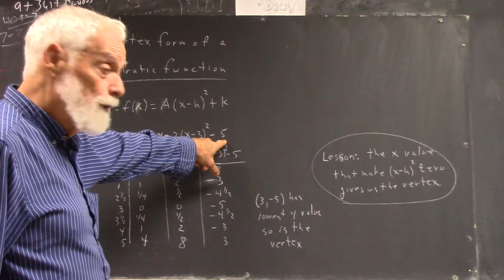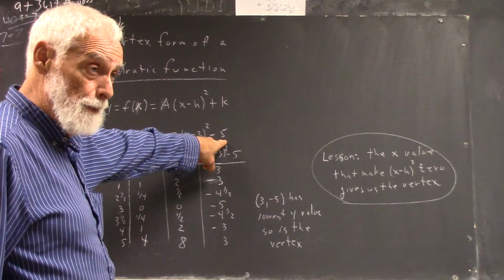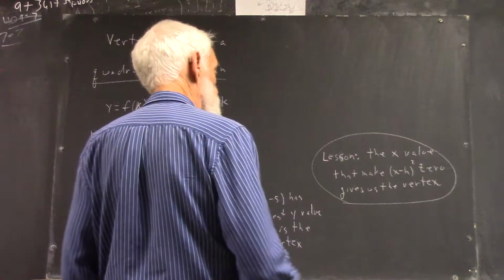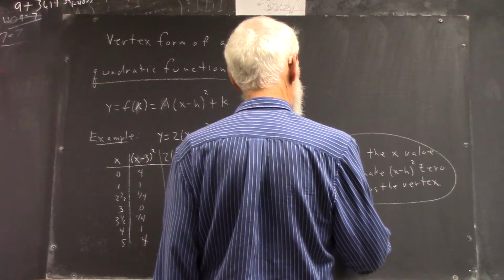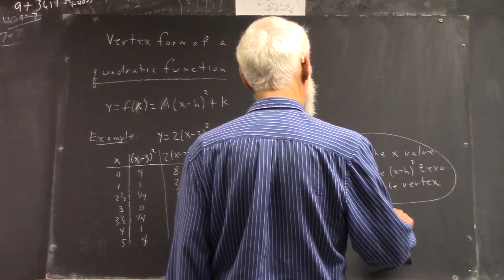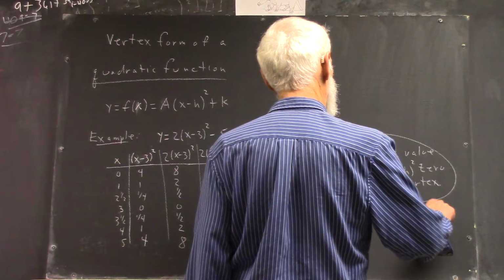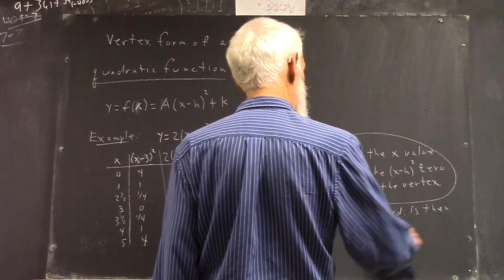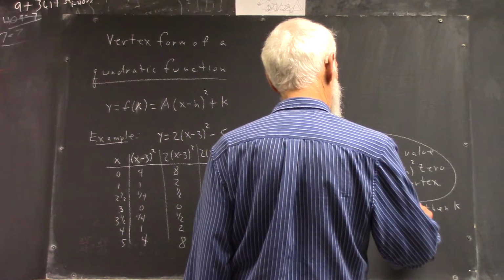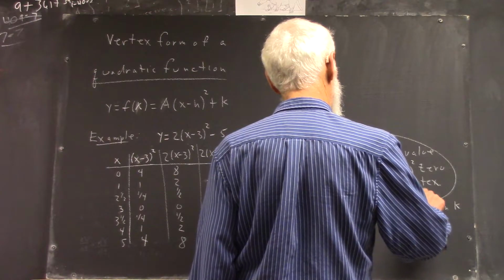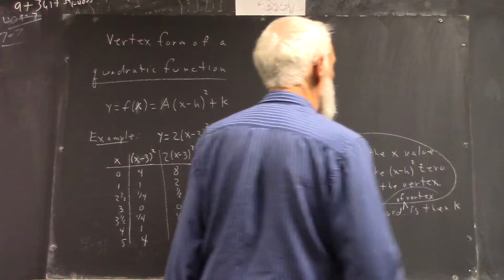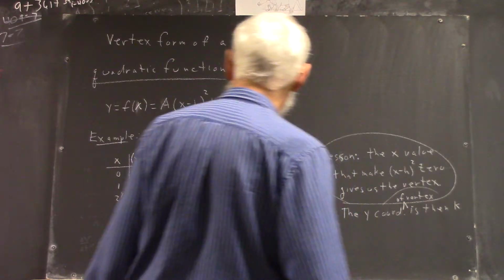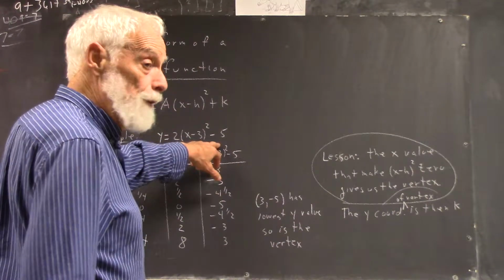So this number is going to be the y-coordinate of the vertex, the y-coordinate of the vertex is k. Now let's test that. Let's take this function.